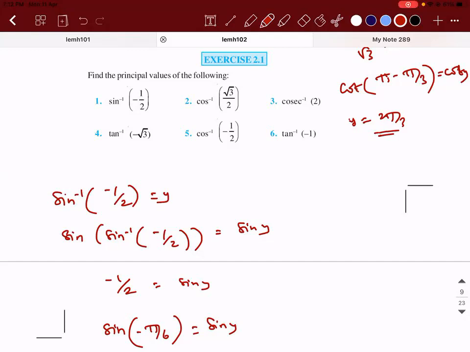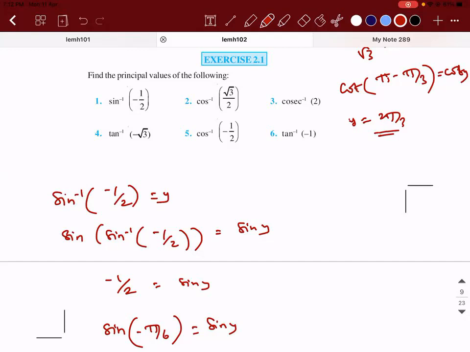Look at the table. I asked you to write a table. Look at the table under inverse functions. Under inverse functions, what are the three functions having the domain between minus pi by 2 and pi by 2? Sine inverse, tan inverse, cosecant inverse. If the question starts with a negative value for sine inverse, tan inverse or cosecant inverse, then you write the acute angle and put a minus sign.